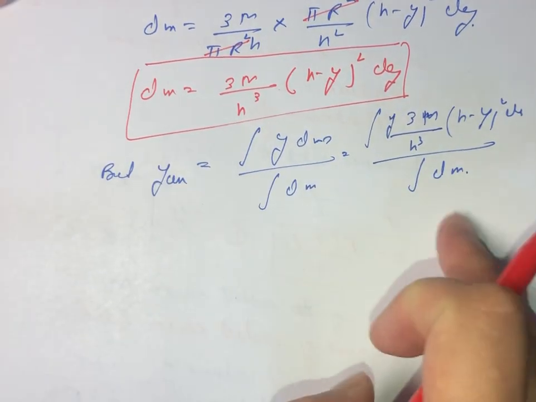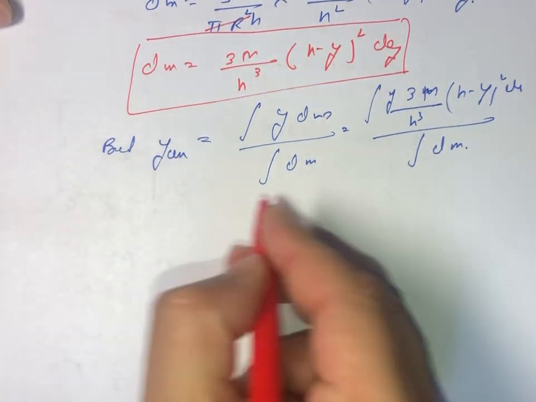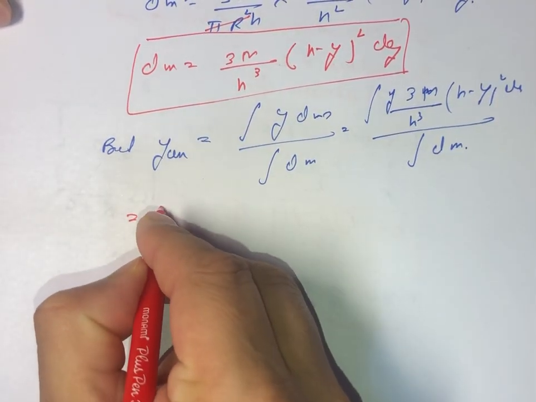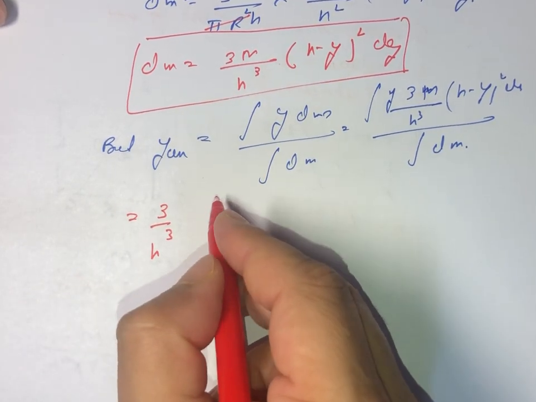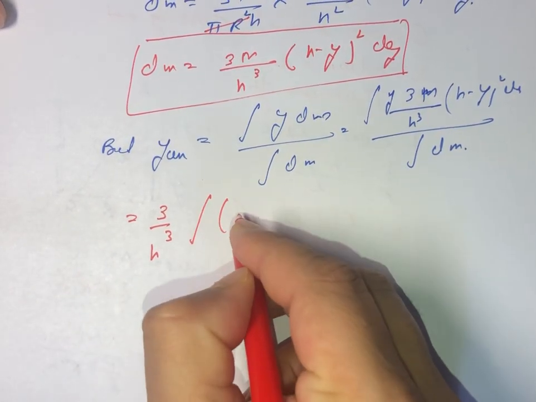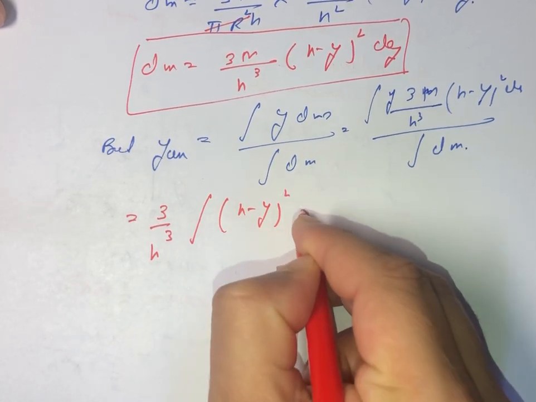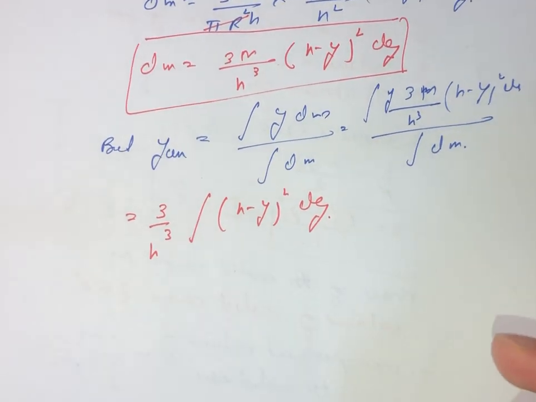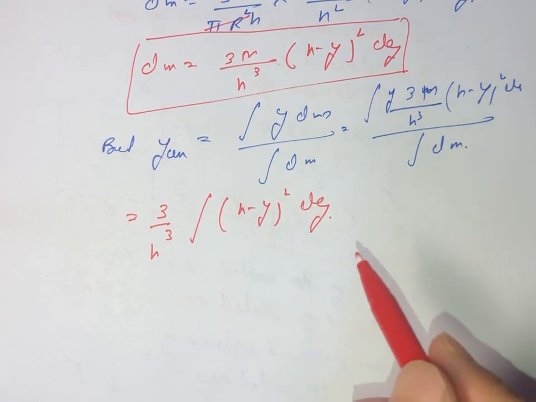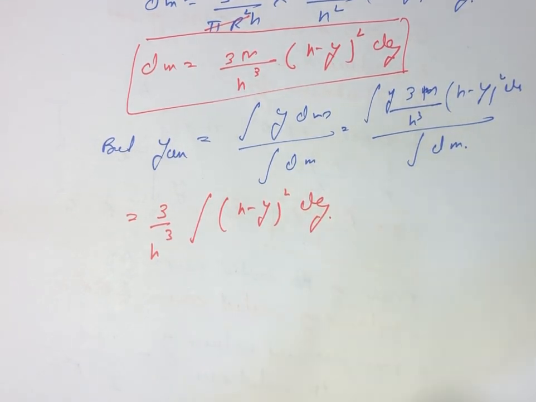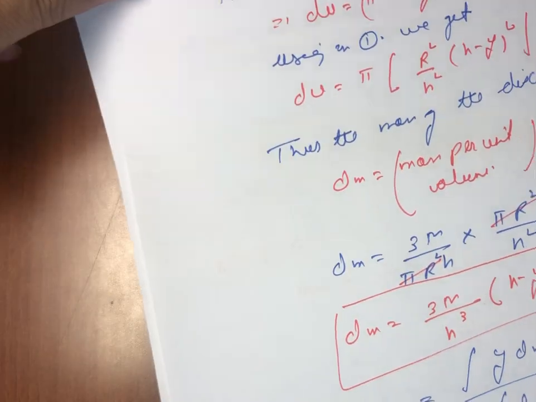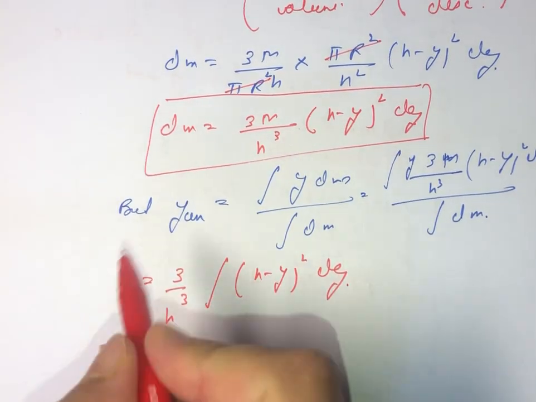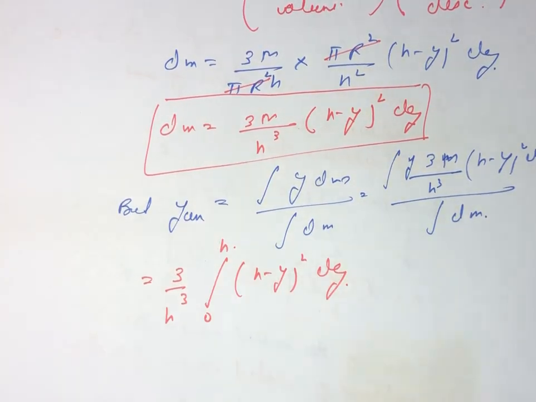The integration of dm will be nothing but m, so m and m cancel out, and we get 3 divided by h cube, and we are left with the integration of y (h minus y) whole square dy. From the figure we can see y varies from 0 to h, so we put the limits as 0 to h.